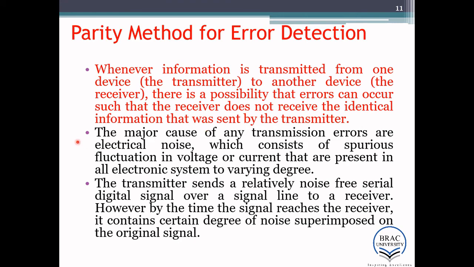The major cause of any transmission error is electrical noise, which consists of spurious fluctuations in voltage or current that are present in all electrical systems to varying degrees. The transmitter sends a relatively noise-free serial digital signal over a signal line to a receiver. However, by the time the signal reaches the receiver, it contains a certain degree of noise superimposed on the original signal.